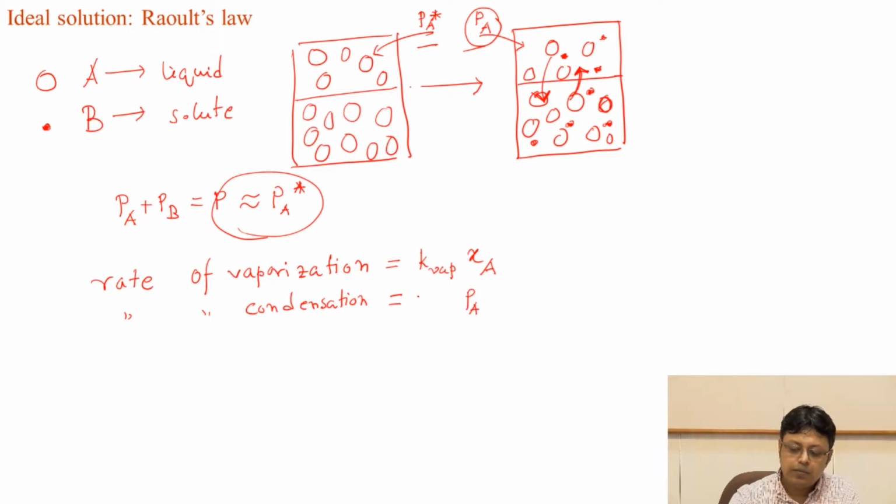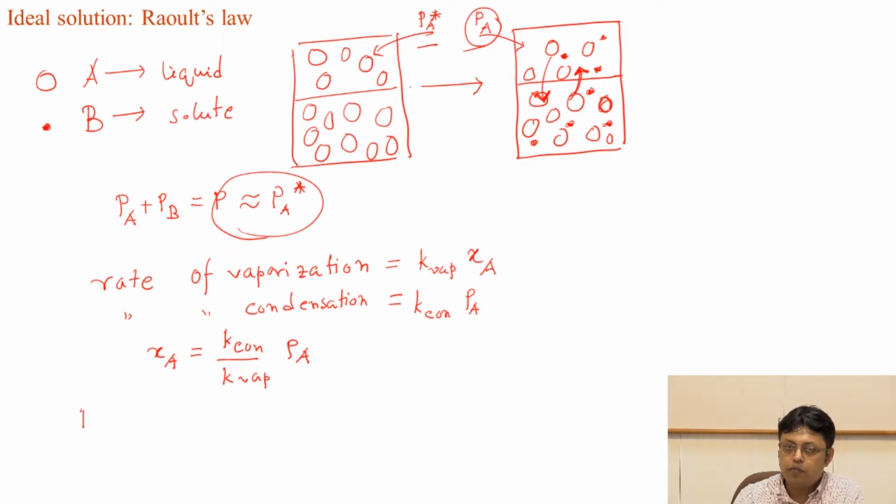So it is proportional to PA, with a rate constant K condensation. At equilibrium, these two rates must be equal. So we can write that XA is K condensation divided by K vaporization times PA.